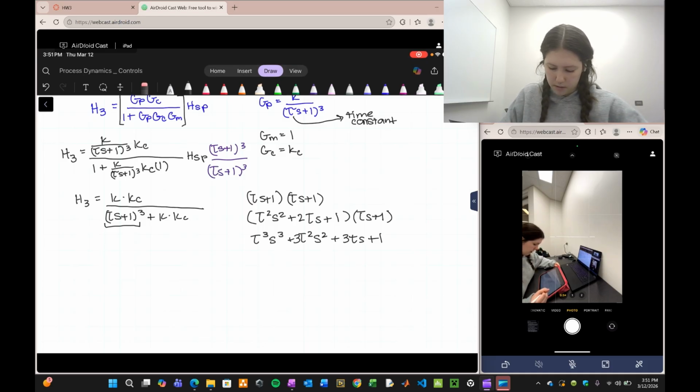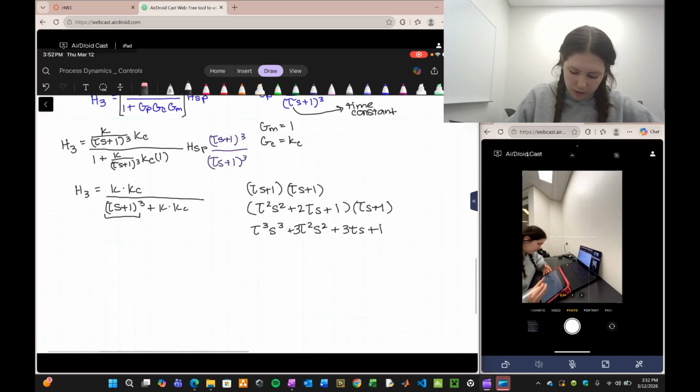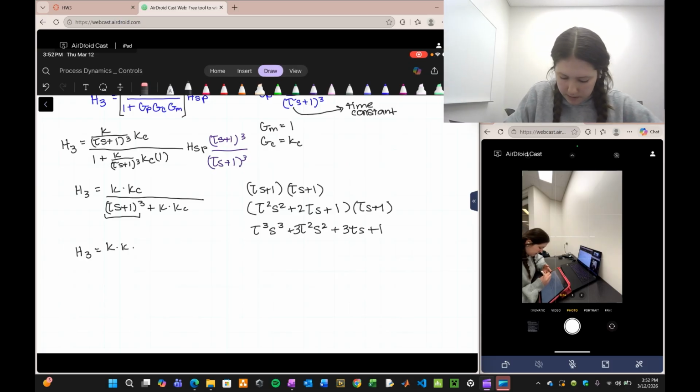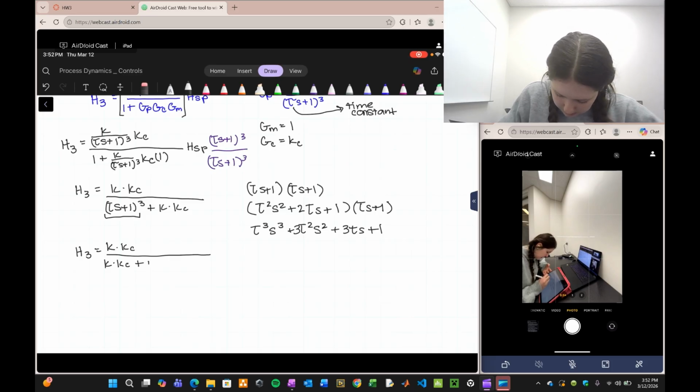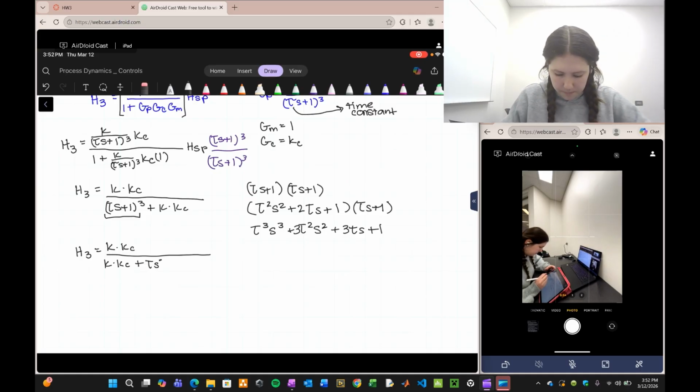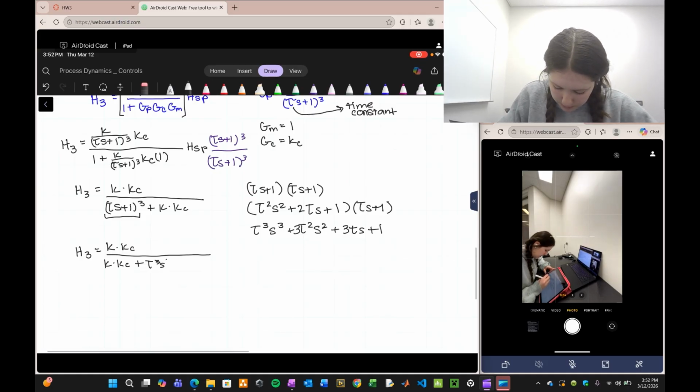I think that's what we get. And so now let's rewrite our whole expression here. So we have K times KC over K times KC plus tau cubed S cubed plus 3 tau squared S squared plus 3 tau S plus 1.